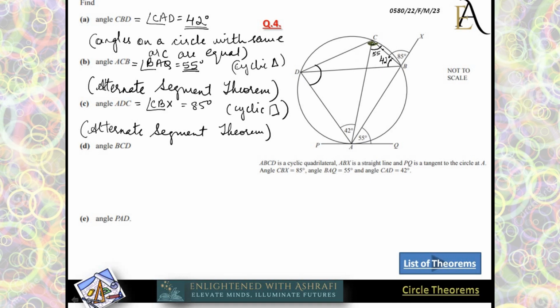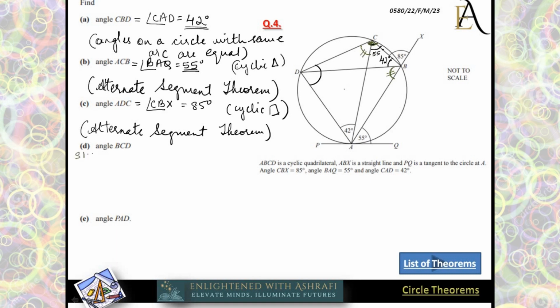These two add up to 180, but then ABX is a straight line, so if you find out this angle, then this angle will be equal to this angle, right?